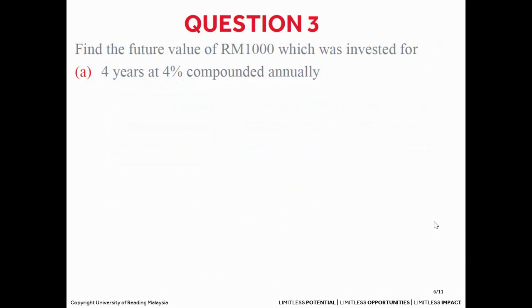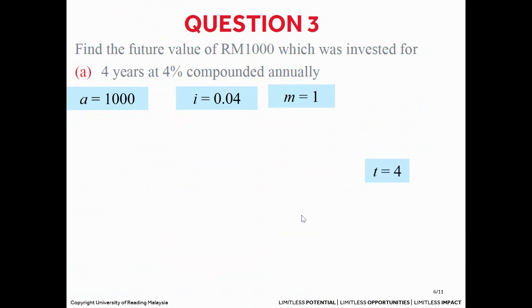Find the future value of RM1000 which was invested for 4 years at 4% compounded annually. Let's identify the value for each of the variables. A is 1000, I is 0.04, M is 1 because compounded annually, and T is 4.